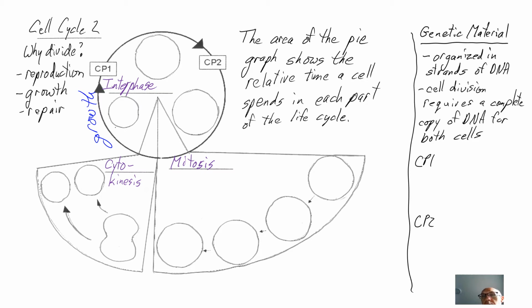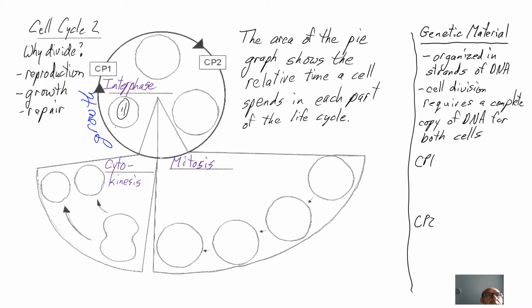So the idea here is this. We start with a cell with a nucleus, and the nucleus I'm going to simplify by having 2 strands of DNA. So I'm going to draw 1 short strand and 1 long strand. And I'm going to put it into a nucleus. Now I've greatly exaggerated the size of the nucleus because it's the only organelle that I'm really focused on right now.